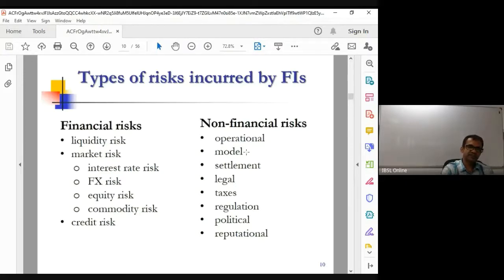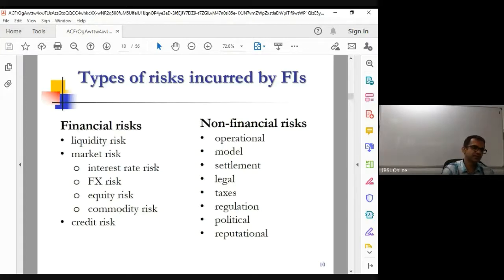Then the model risk. We use different models, maybe a business model. If that model is not good, that may give us a bad result. So that's model risk. Not only that, when we discuss market risk, liquidity risk and credit risk, to measure those risks, we use different models.